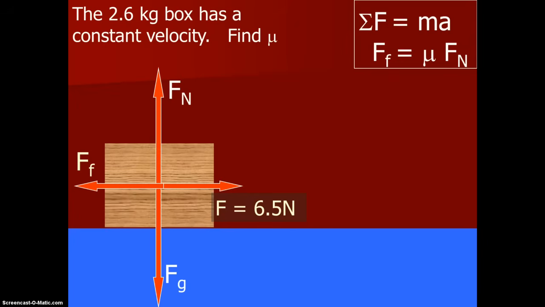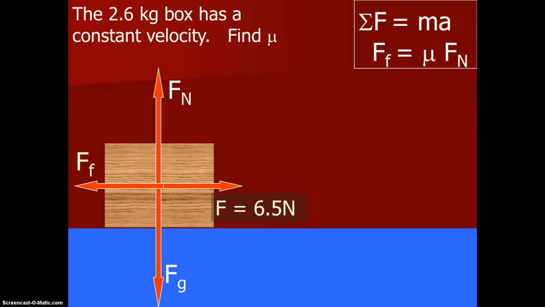So here we have an example. A 2.6 kilogram box has a constant velocity. We want to find the coefficient of friction mu. We have our formulas. Sigma F, remember this stands for sum, or net force, is equal to mass times acceleration, and force of friction is equal to mu times the force normal.